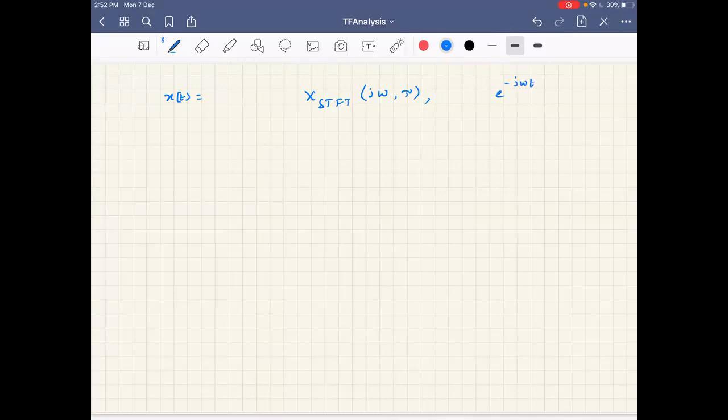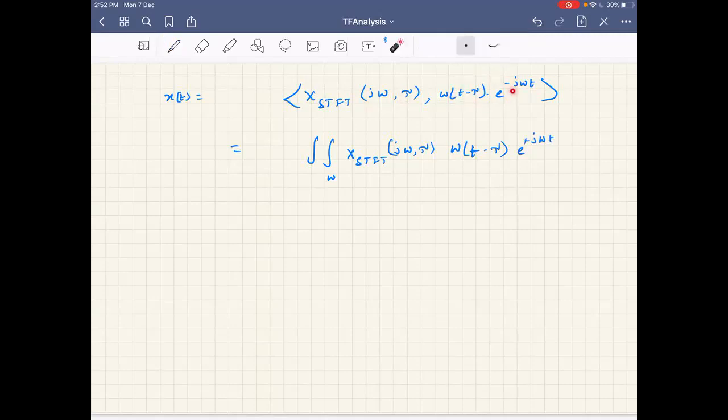But since we have applied different windows here, we should also consider the same windows for reconstructing back. This inner product now has two parameters. When we expand it, it has one parameter on omega, that is the short time Fourier transform of j omega comma tau, times the window t minus tau and e power j omega t, because the inner product takes the complex conjugate, dt d omega.